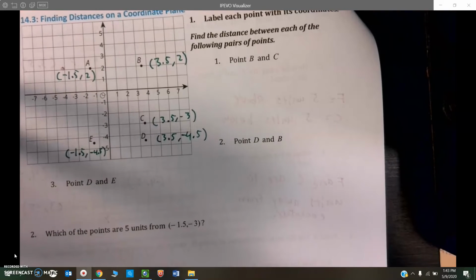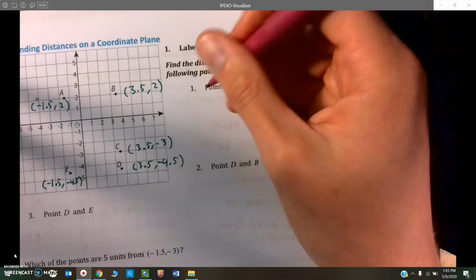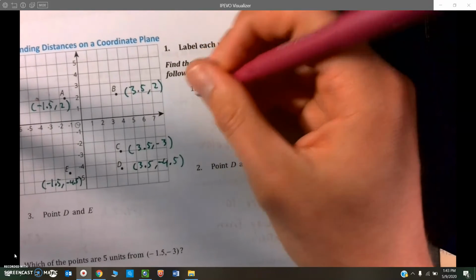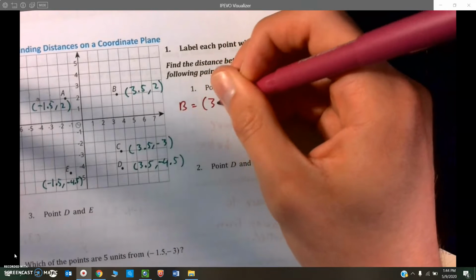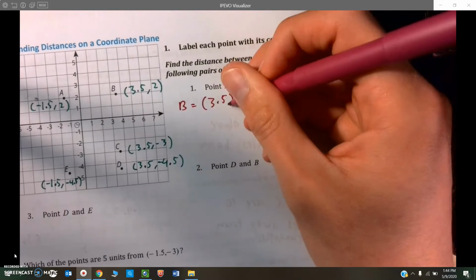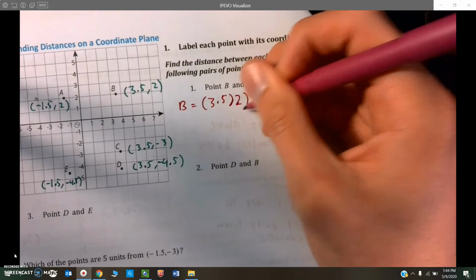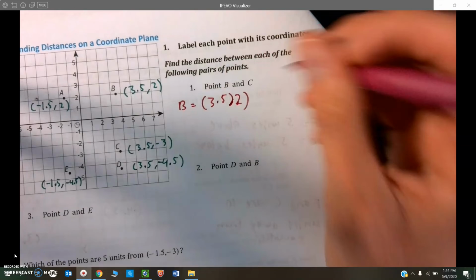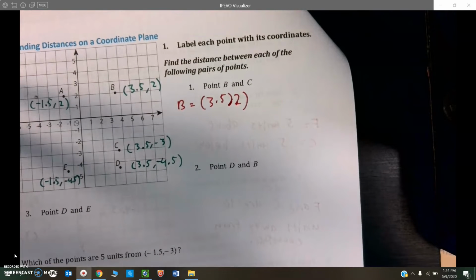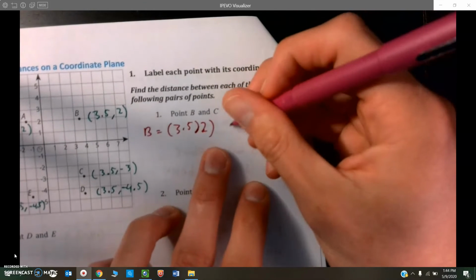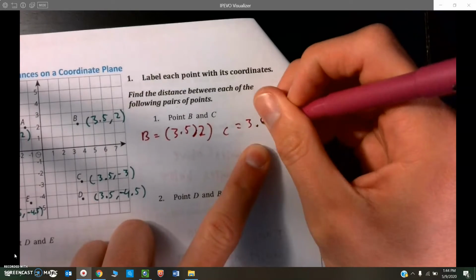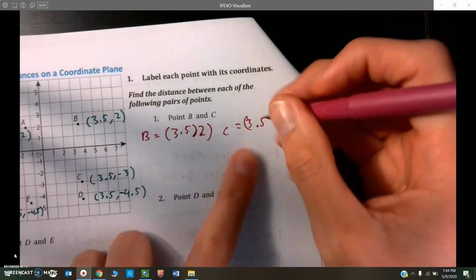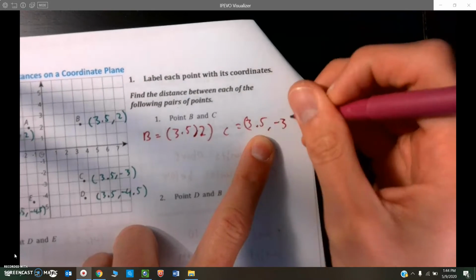Alright, so points B and C. So B, once again, is (3.5, 2), and C is (3.5, -3).